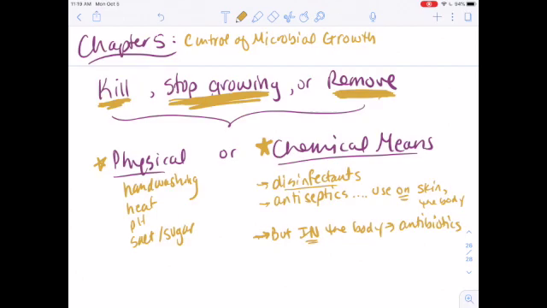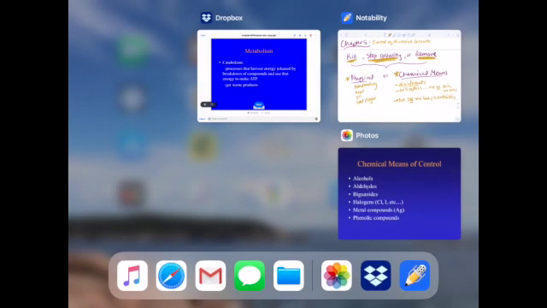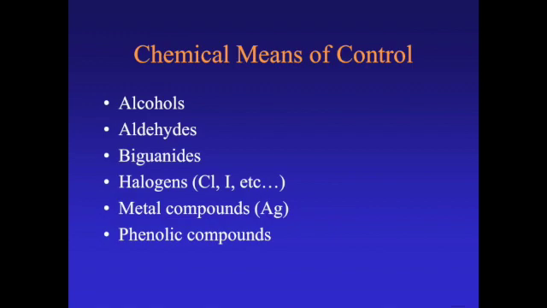So just to talk about some of the different classes, you have alcohols. First up, we're using 70% isopropanol, like crazy. That's what hand sanitizer has to be.